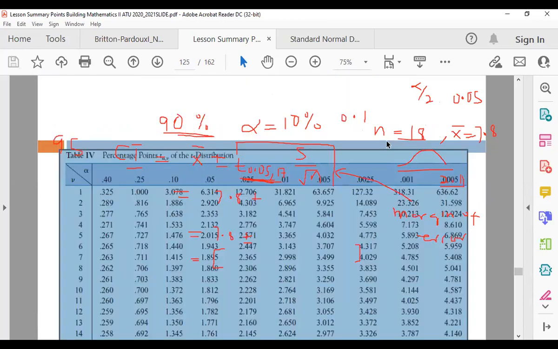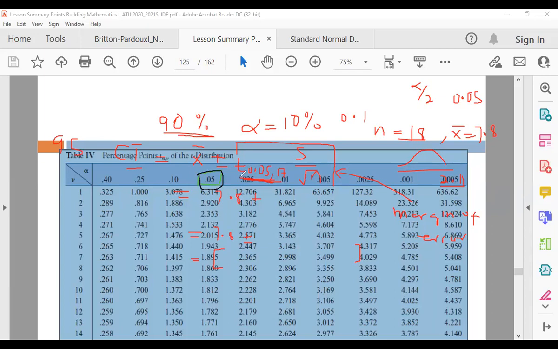The 0.05 value we are looking for, let's color it green, is this one.